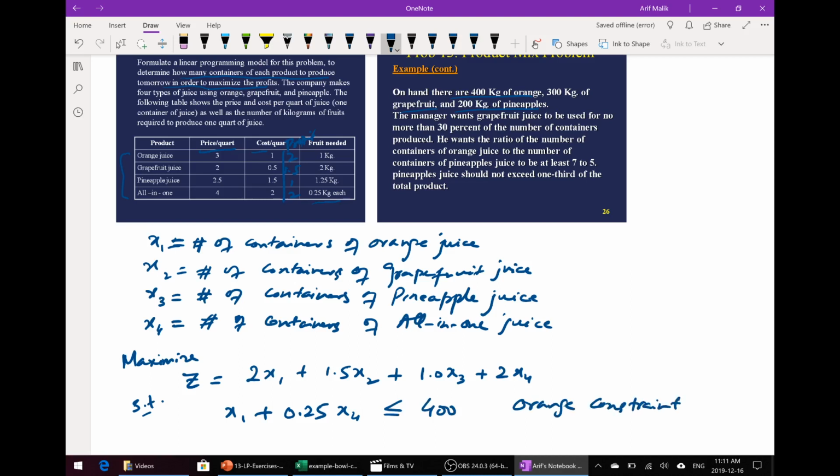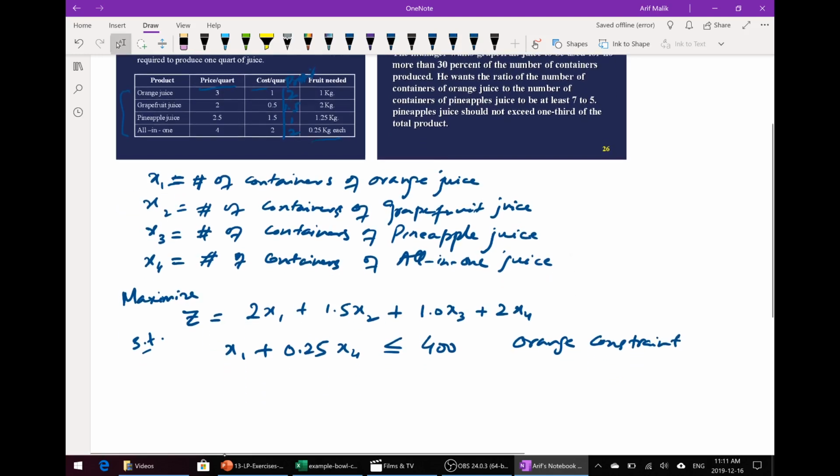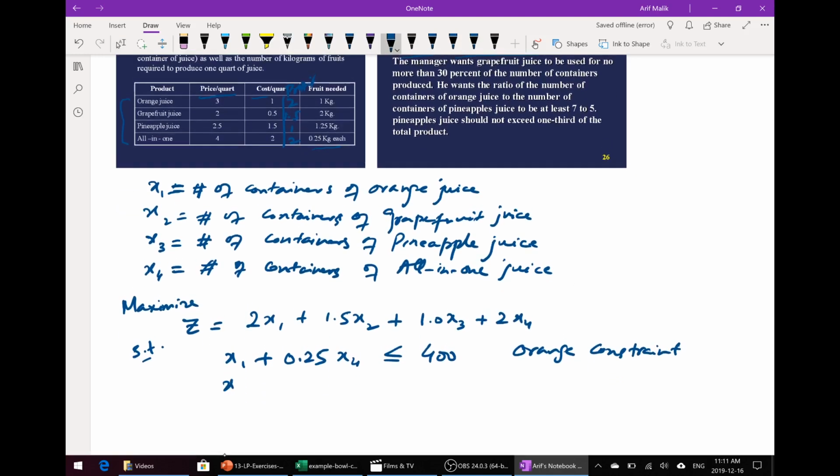All right, and then we have grapefruit. Rather than x1, we have x2 as the containers of grapefruit juice, and the kilograms needed is 2 kilograms. So 2x2 plus 0.25x4 needed for making all-in-one.